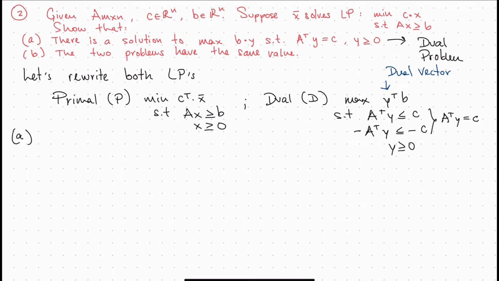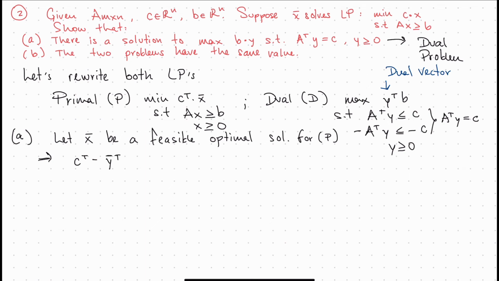So to prove part a, let x bar be a feasible optimal solution for P, the primal. Then it must hold that c transpose minus y bar should exist, because if we have an optimal solution for the primal, then the optimal solution for the dual must exist.